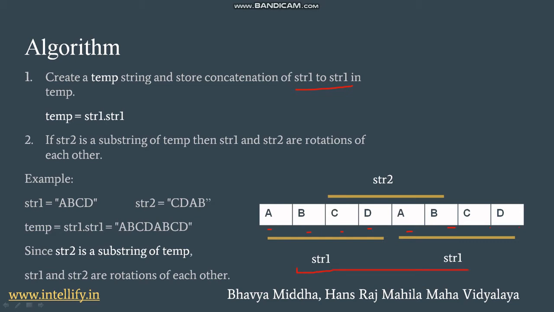This overall str1 str1 is my temp string. Now, through this temp string, I check if str2 is a part of it or not. So here in this case, str2, that is CDAB, is a substring of the overall temp string. Therefore, str1 and str2 are rotations of each other.